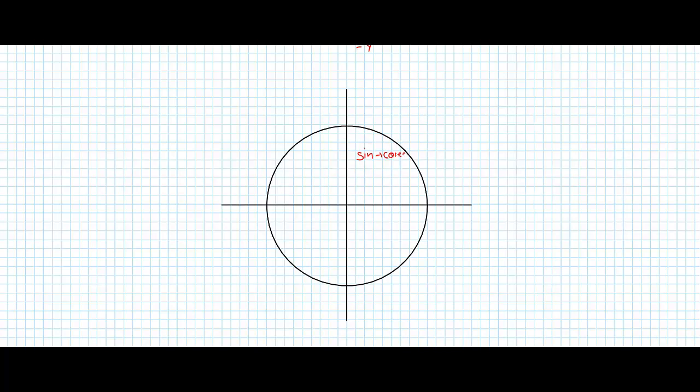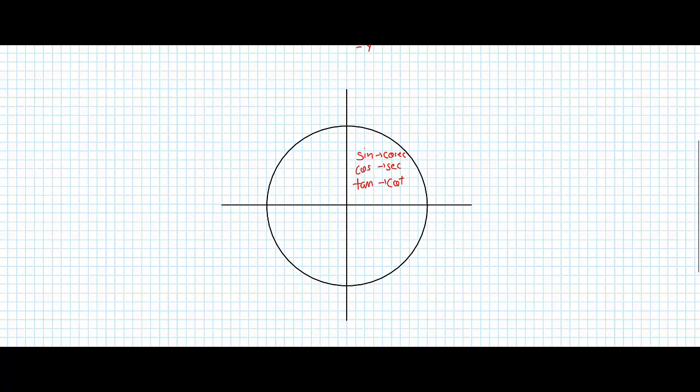We have cos, which is the x coordinate of all of these points, as positive, cos is positive, so its reciprocal secant is positive. And since sine and cos both are positive, their ratio, which is tangent, is positive, and its reciprocal, which is cotangent, is also positive.